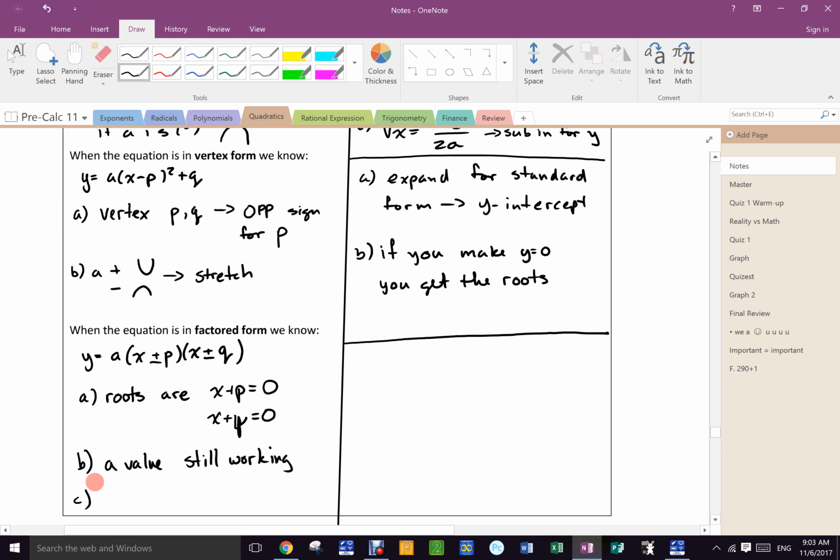And do we know anything else from here? We know one more thing right away. We know the roots. We know the vertex x is what? (P minus Q) divided by 2.